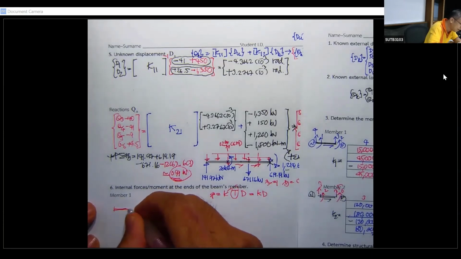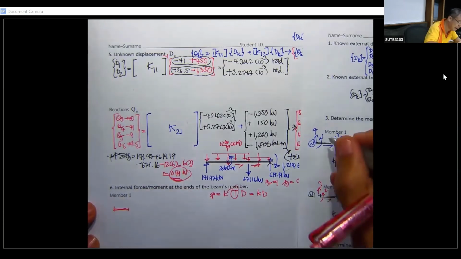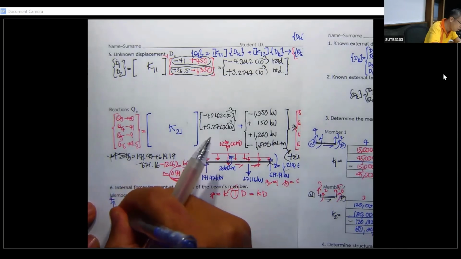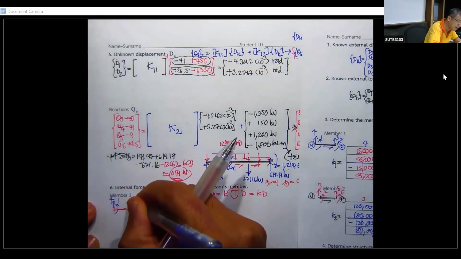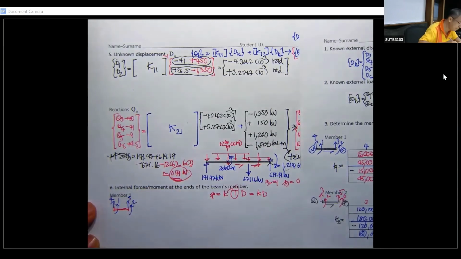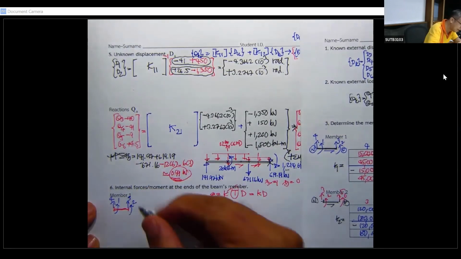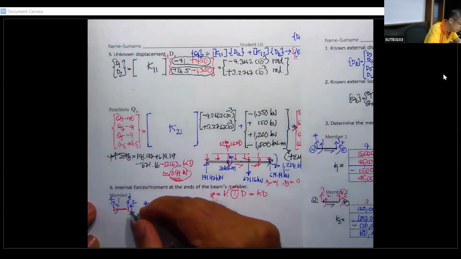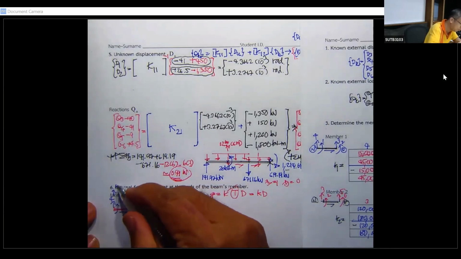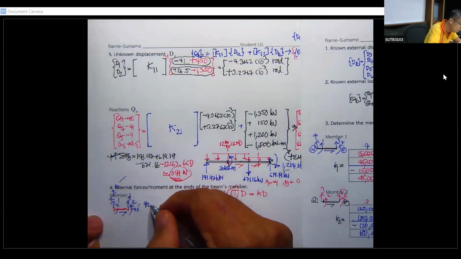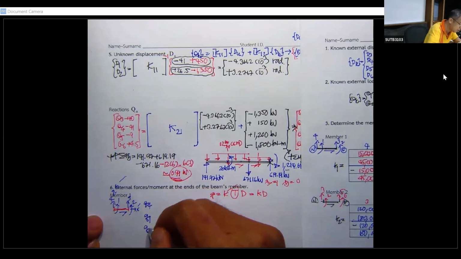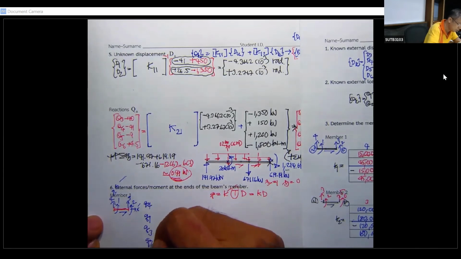Let's work on the first one. Again, we have 4, 1, 3, and 2. You just make a copy of this. It's going to be Q, in this direction. This is X prime, this is Y prime. Q4, Q1, Q3, and Q2.